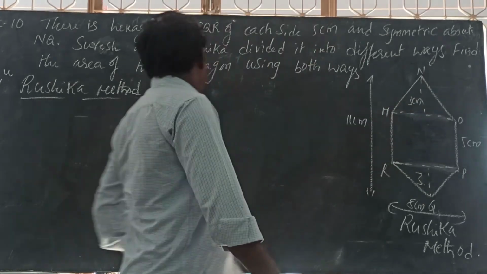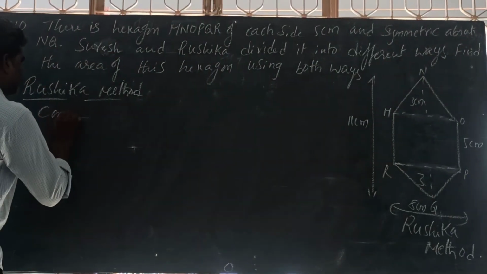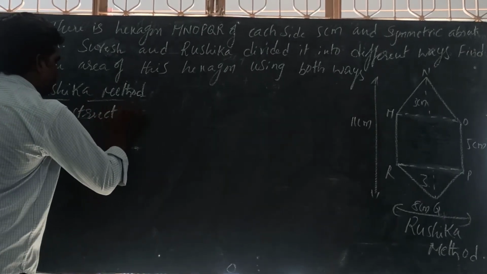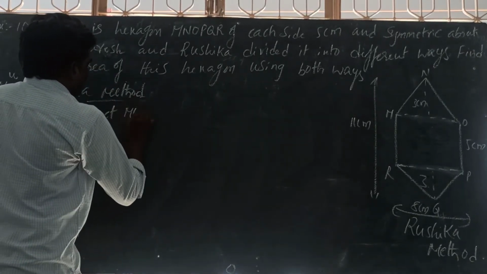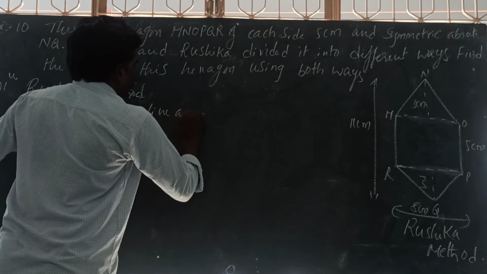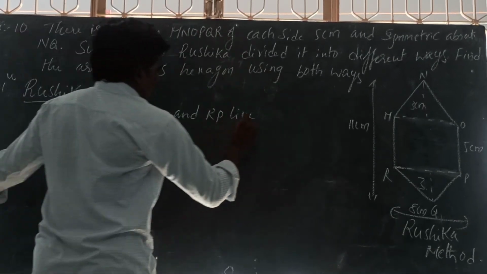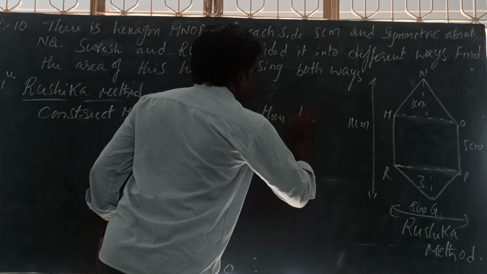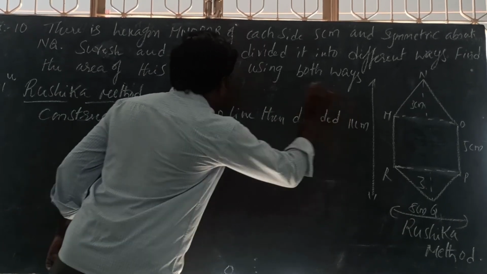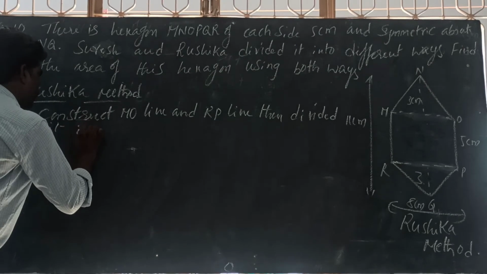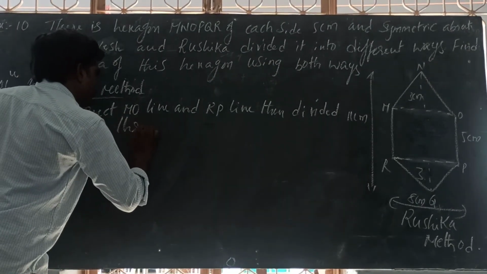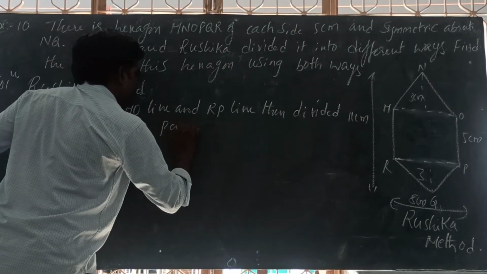So the area of the hexagon is equal to the sum of the areas of the triangles and the area of the rectangle. So construct line MO and line RP. Then it is divided into 3 parts.